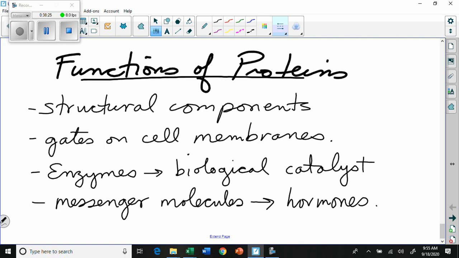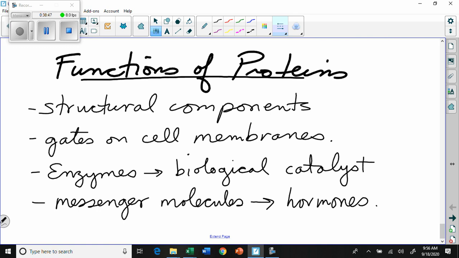And when they float around to other parts of the body, they interact with the cells because of the pushing and pulling, and they can cause other things to happen. So they form messenger molecules or communicative kinds of molecules. So you can see how very important these things are.